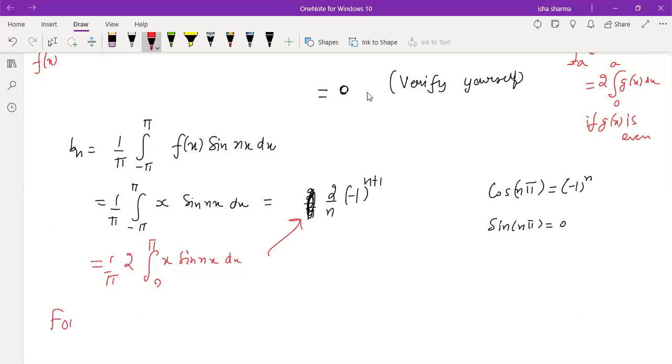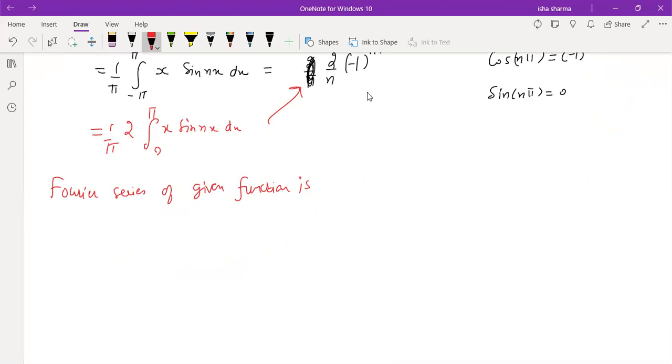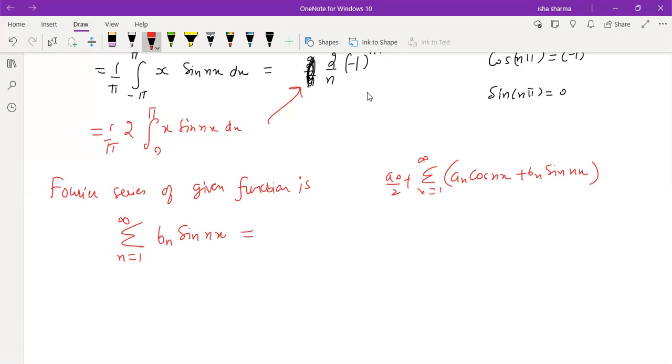So the Fourier series of the given function is a naught by 2, and a naught is 0, so the first term is 0. a n is also 0, so it is only the summation from n equals 1 to infinity of b n sin nx, because your series is a naught by 2 plus summation a n cos nx plus b n sin nx, right? But since a naught and a n are turning out to be 0, it is only in terms of the sine function.